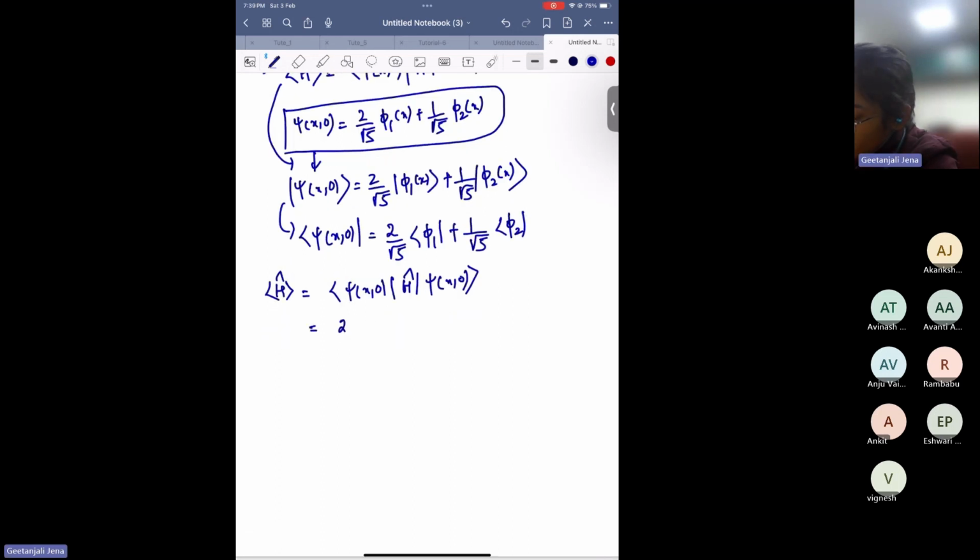This is 2 by root over 5 phi 1 plus 1 by root over 5 phi 2, and H acting on the ket vector, which is 2 by root 5 phi 1 plus 1 by root over 5 phi 2.